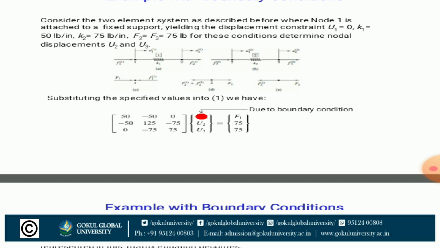Consider the two-dimensional element system described before, where node 1 is attached to the fixed support, yielding the displacement constraint u1 equals 0, and k1 is 50 pounds per inch and k2 is equal to 75 pounds per inch. These are the basic element stiffness values given directly.